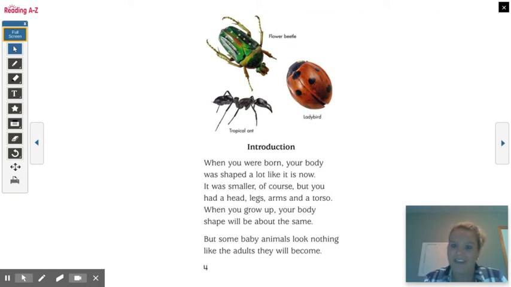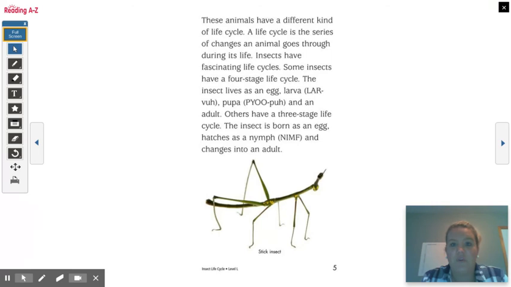That's what I just said. So up here we have a ladybird and a tropical ant and a flower beetle. These animals have a different kind of life cycle. A life cycle is a series of changes an animal goes through during its life. Insects have fascinating life cycles.